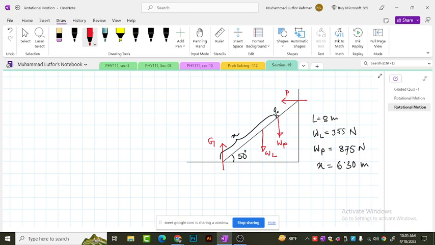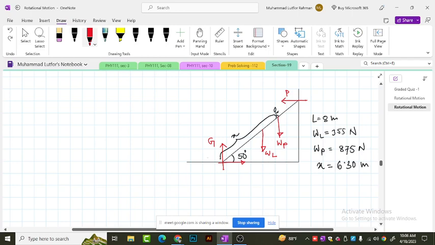If the friction is absent, this ladder will try to move in the backward direction, because it is going to slip down. So the ground will try to resist that motion, giving a force in the opposite direction of its movement. Then the frictional force should be in that direction.